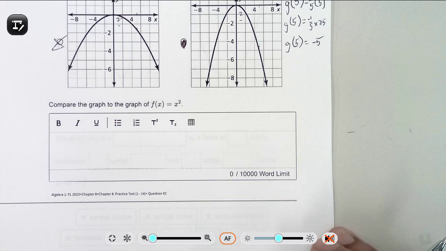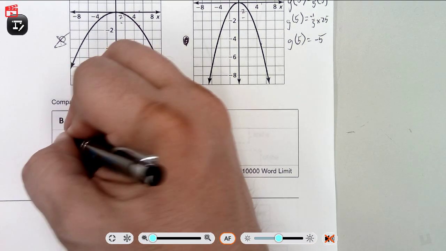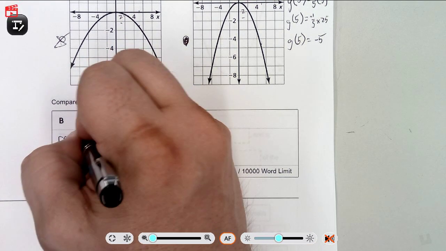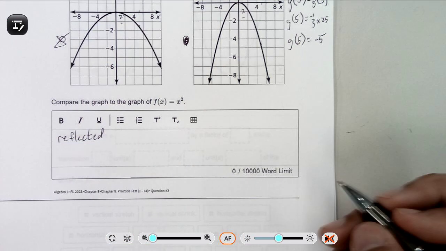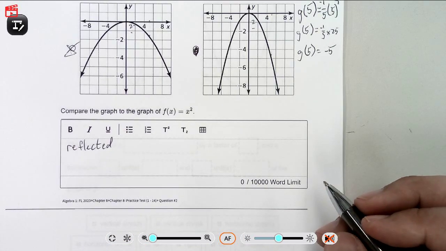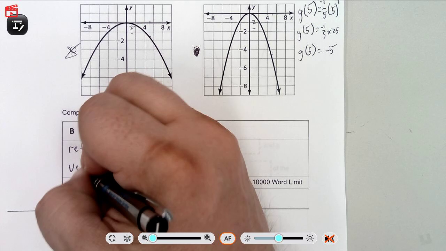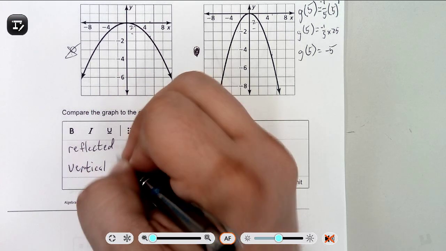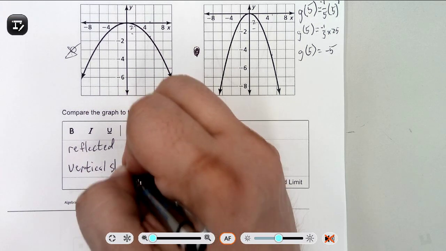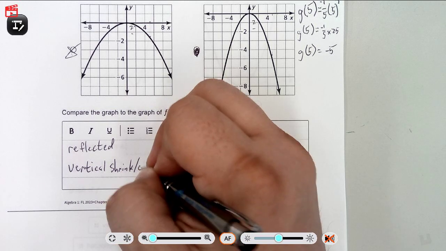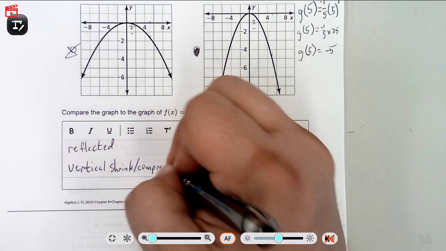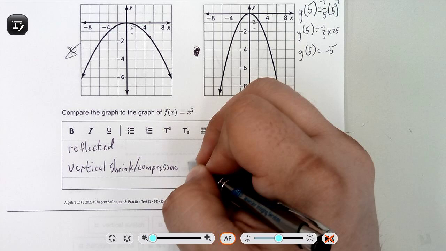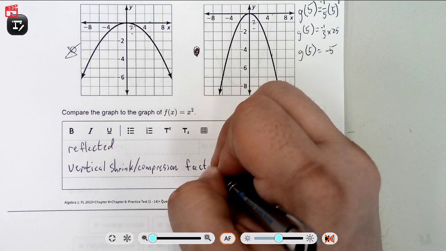So the things that have to be included: you have to mention that it's been reflected over the x-axis. You have to mention that it's a vertical shrink or compression. You have to mention the factor.